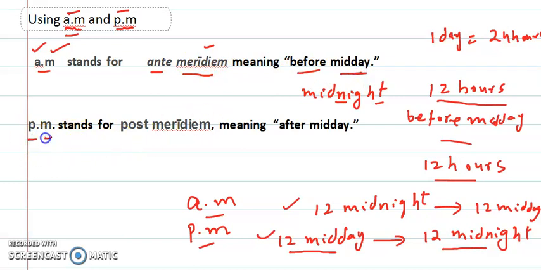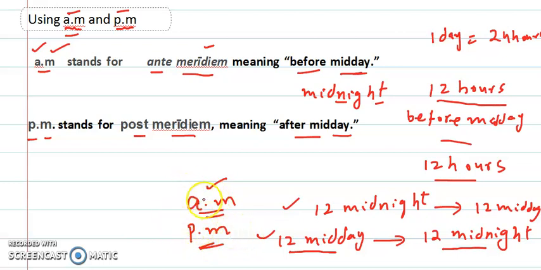PM is for post meridiem, which means after the midday. So if you look at these time slots, AM starts before the midday, that is why we say it is ante meridiem, and PM is after the midday, so that is why we call it post meridiem.